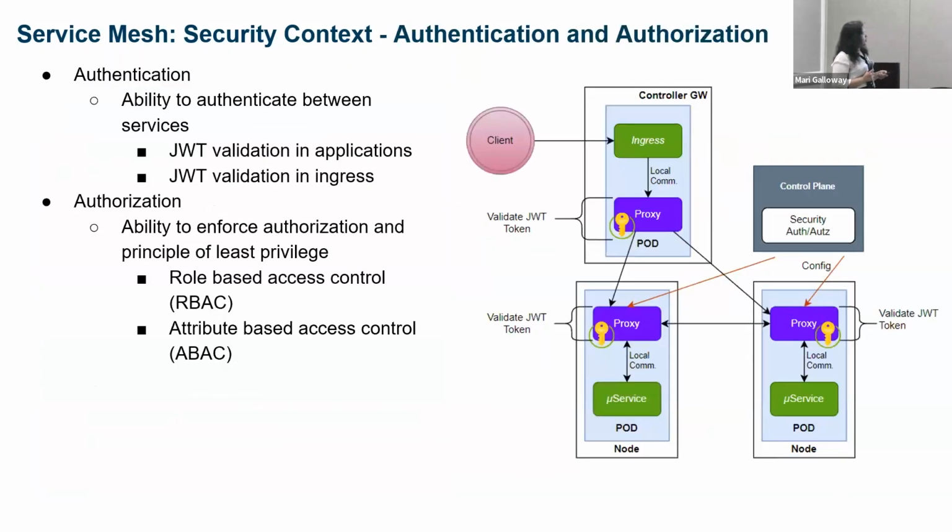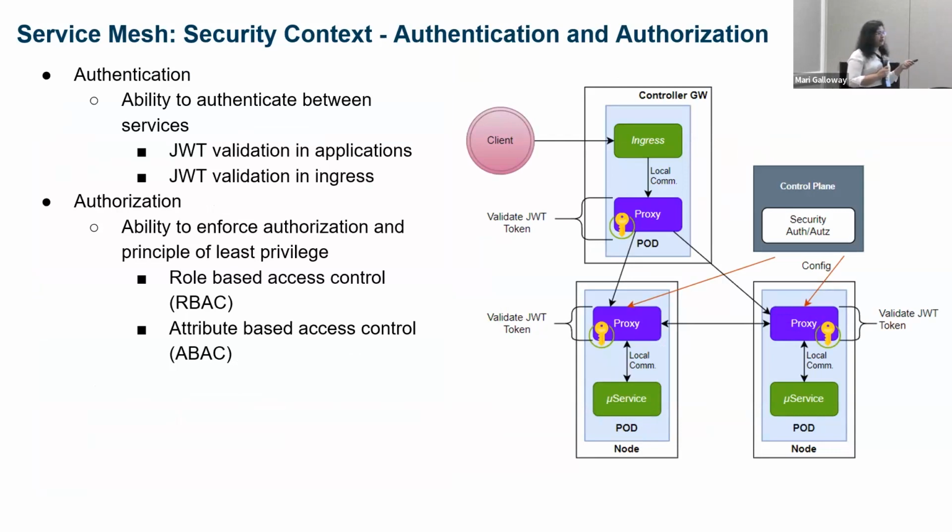So now let's see how it helps with authentication and authorization. Again, the control plane provides a feature for security authentication and authorization using the principles of RBAC and ABAC. So you can choose which one you want. If your organization is using role-based access control, you can set that up on your control plane. Or if you are using attribute-based access control, you can set that up here.